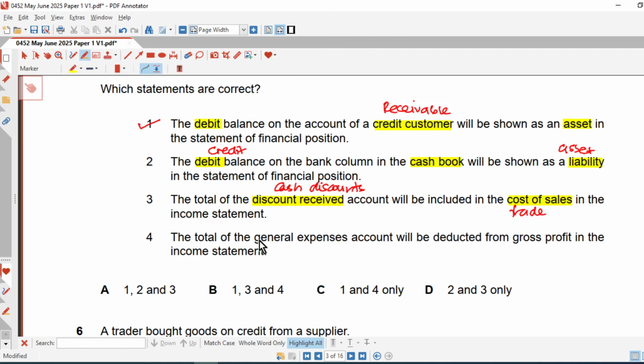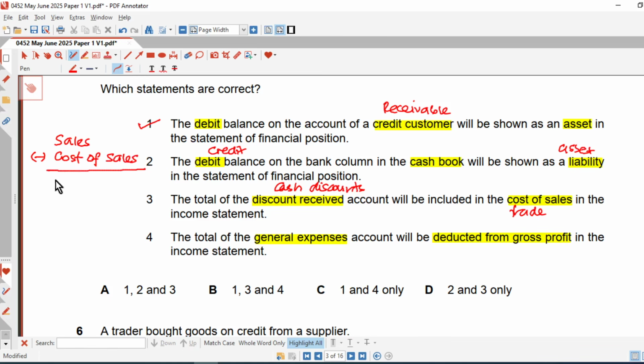The total of the general expenses account will be deducted from gross profit in the income statement. Is that a correct statement? So you have sales less cost of sales to get gross profit.